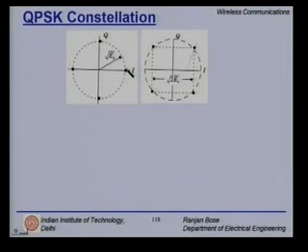We can map 00, 01, 10, 11, or 00, 10, 11, 01 to one of the 4 symbols. The other possibility is a pi by 4 rotated version of this. The one on the right hand side is a more popular implementation.